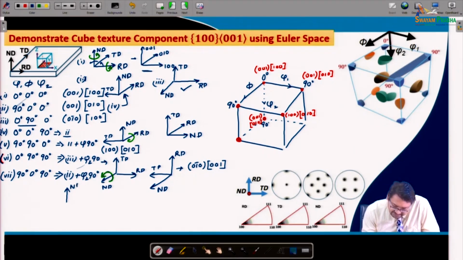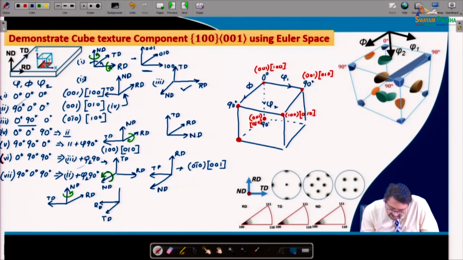So, this is N d, this is R d, and this is T d for the second one, 90 0 0, and then we are rotating again by 90 degrees along N d, right, because it is a phi 2 equal to 90 degree rotation, and thus the R d will come here, right, and the T d will come here, and the N d will come here, right.